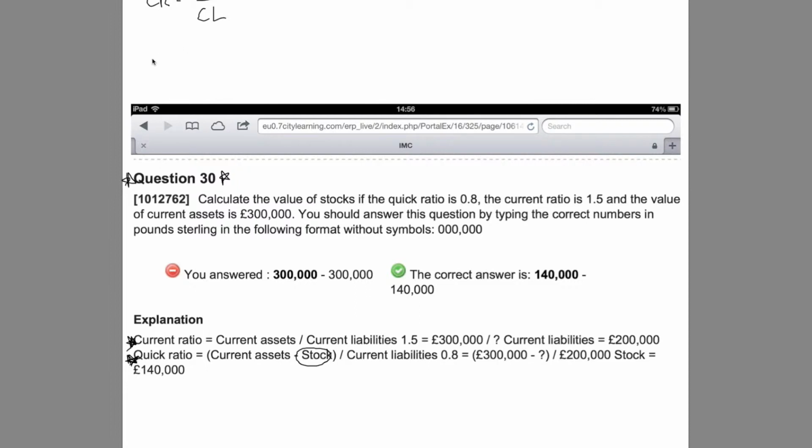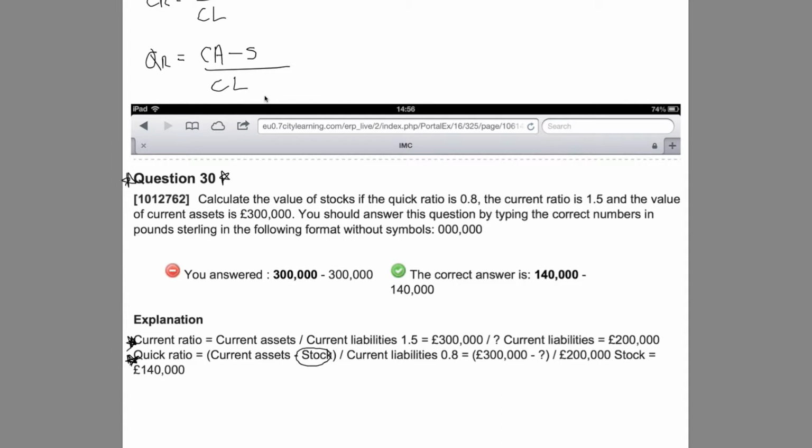So we need to link the current ratio, i.e. the current assets and the current liabilities, to a formula that has an appropriate stock valuation within it. So if we have a look at the quick ratio, really straightforward. It's just the current assets minus the stock value divided by the current liabilities.